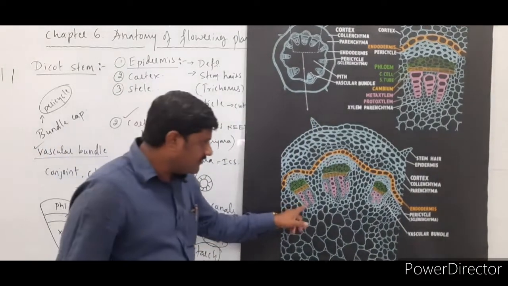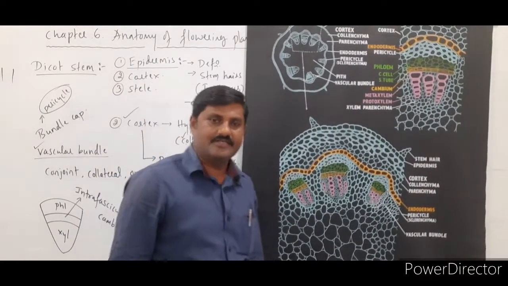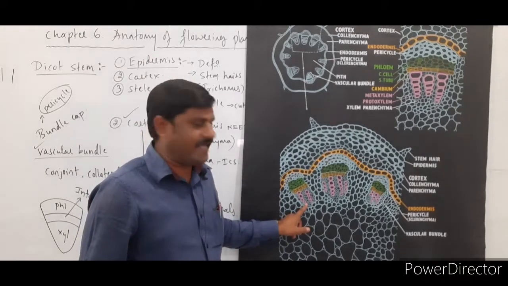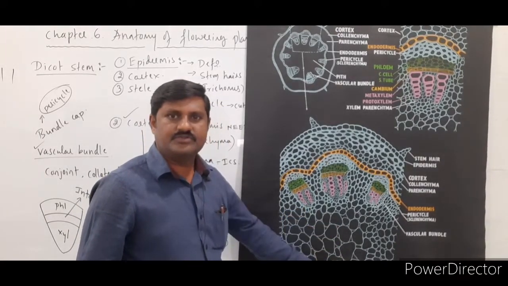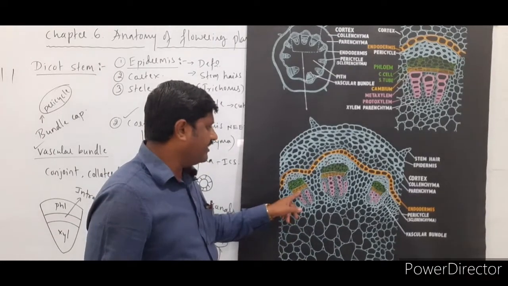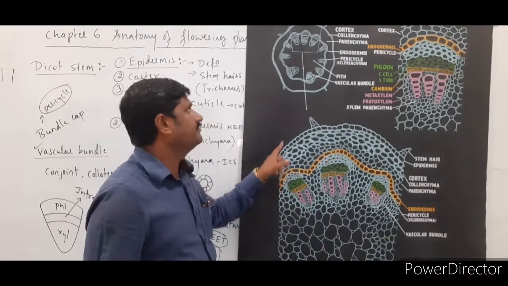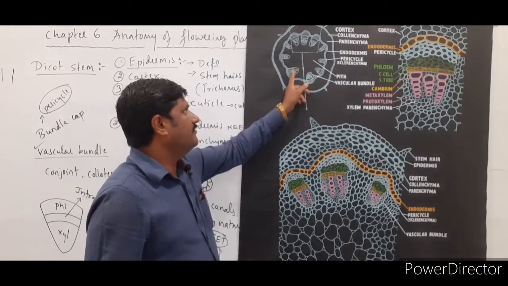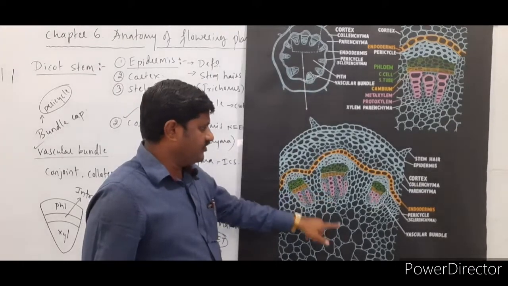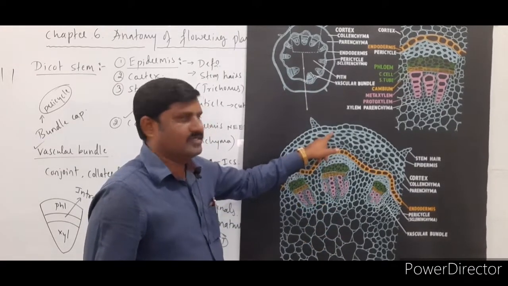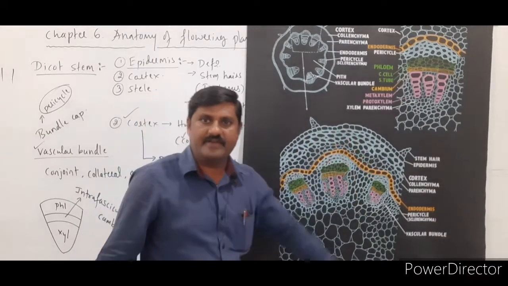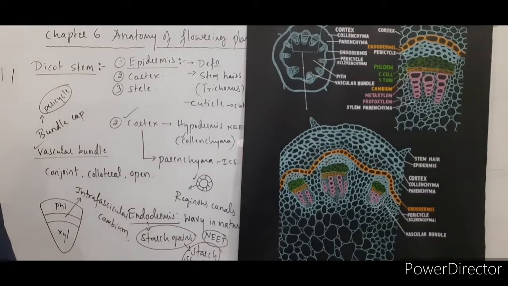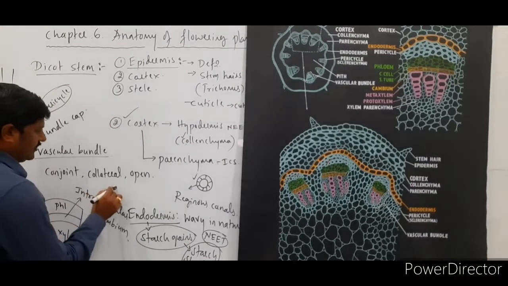And the arrangement of these xylem vessels, see here: protoxylem, that is the first formed xylem, is towards the center, and later formed xylem is towards the periphery. You can observe here, first formed towards the center and later formed towards the periphery. Protoxylem is towards the center and metaxylem is towards the periphery. This kind of arrangement is a centrifugal arrangement, and it is called endarch.